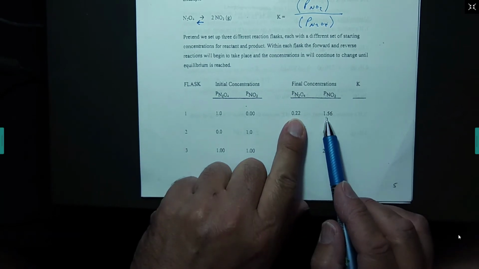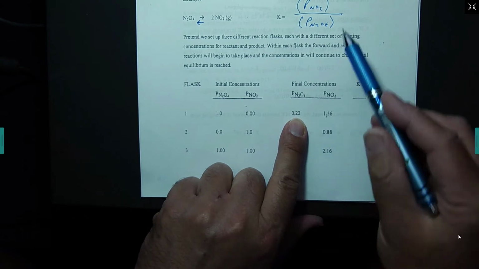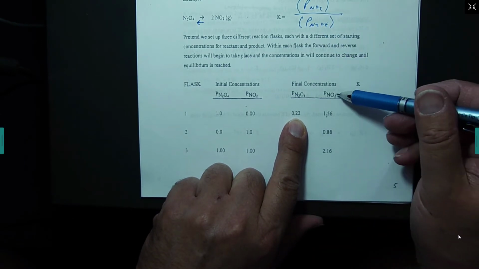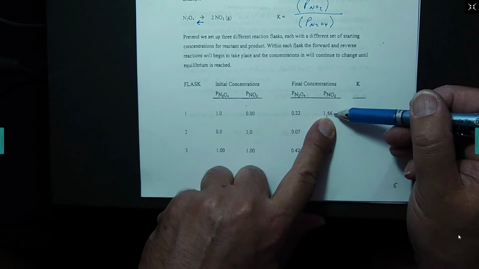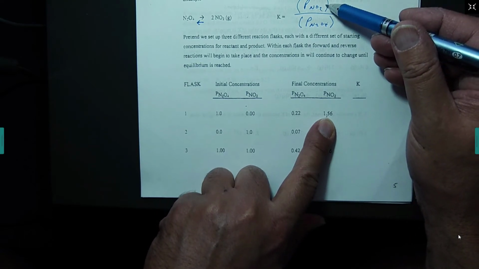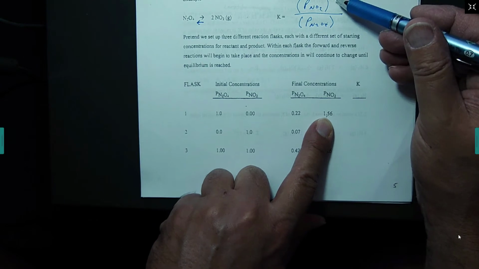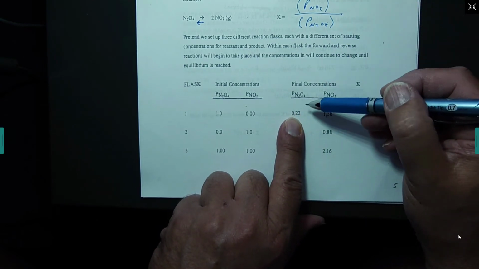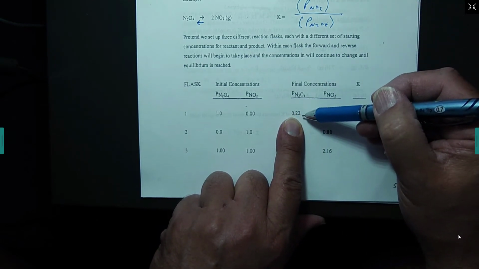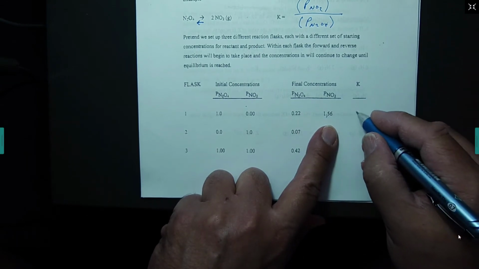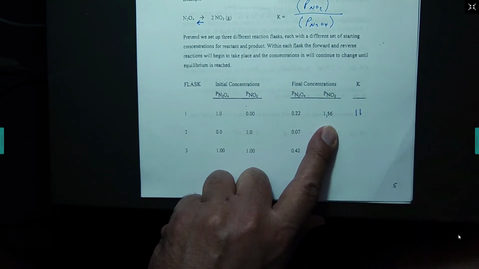If you take these numbers and plug them in here, for the partial pressure of NO2 I plug in 1.56 and square it, and for the N2O4 I plug in 0.22, I come up with 11.